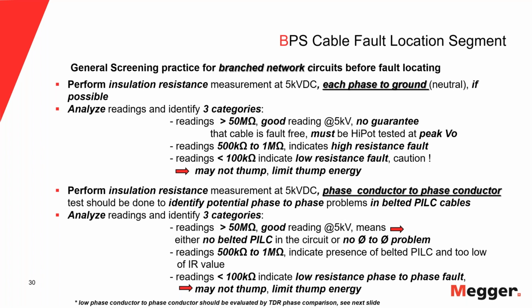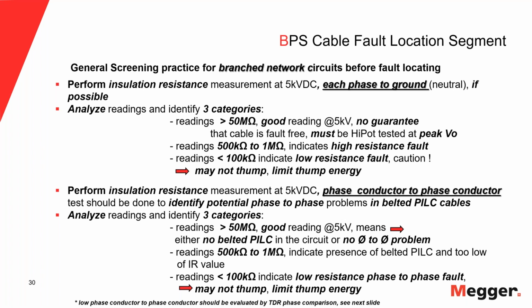But again, fault locating is a procedure where you want to exclude whatever you can exclude, because then in the end there's only one or two things left, so you have a good idea what the problem is. And so a negative result is also a very positive result in terms of fault locating. When we do a phase to phase test, the readings are very similar.